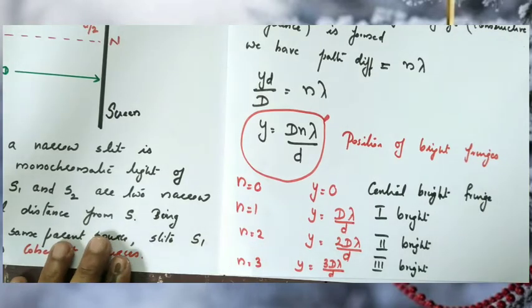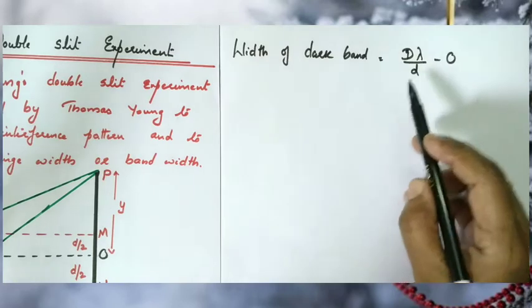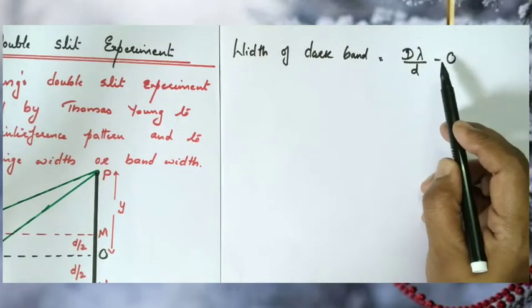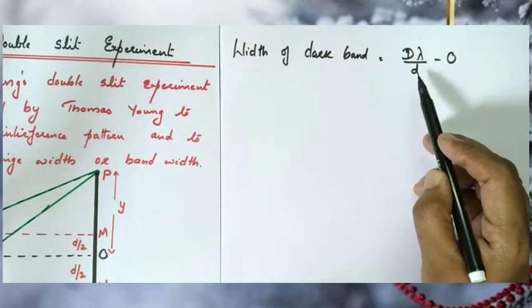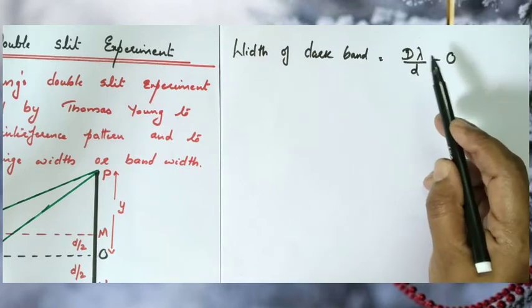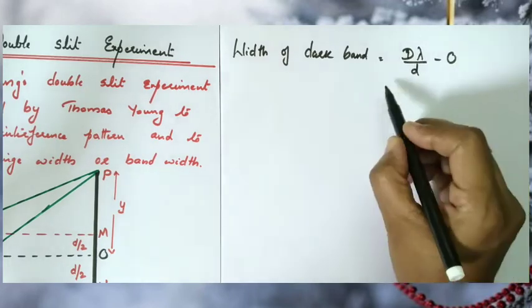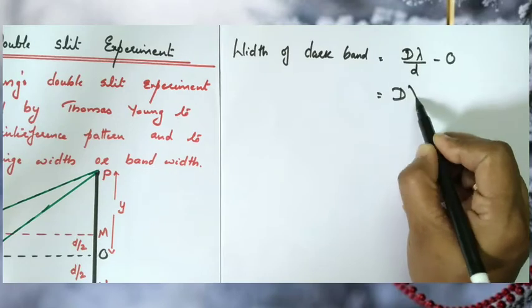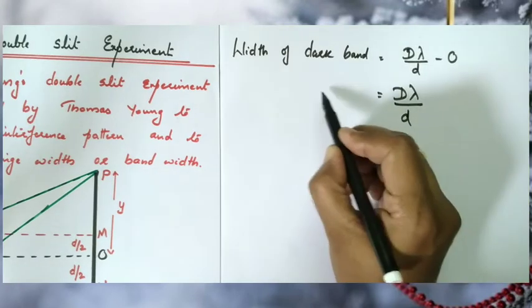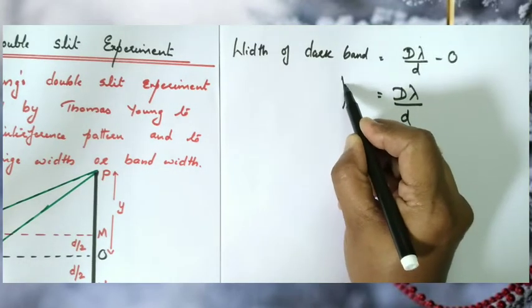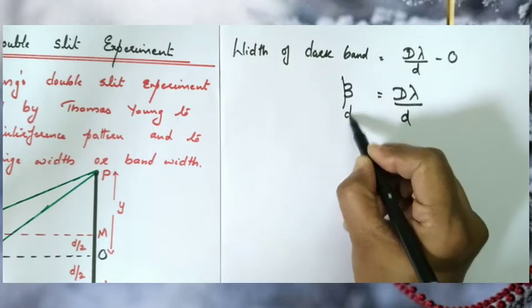So we can find out the width of dark band by subtracting the successive values. So D lambda by d minus 0, or 2D lambda by d minus D lambda by d. Anyway, the answer is D lambda by d. So width of the dark band, width is usually represented by beta. Beta dark we can write.